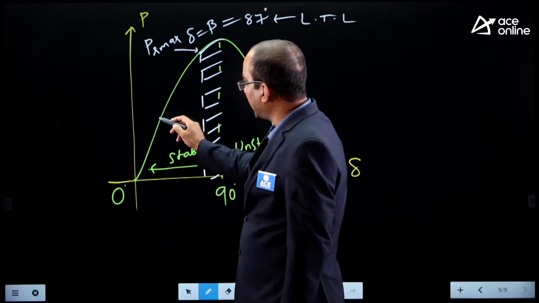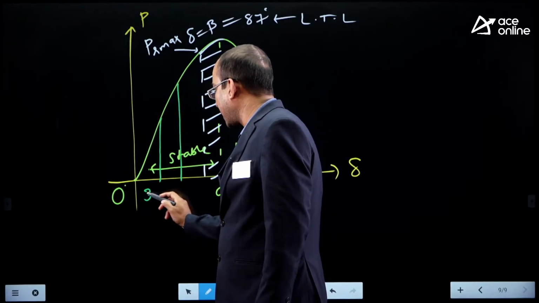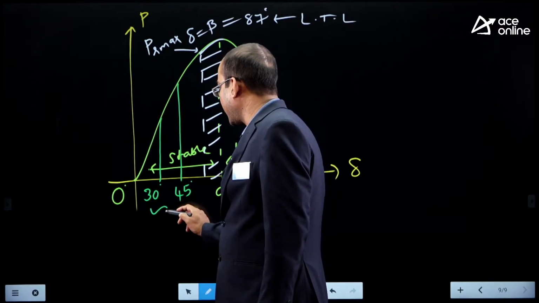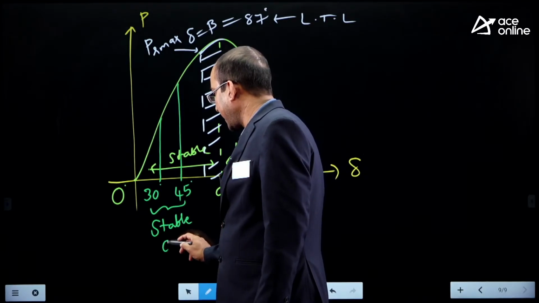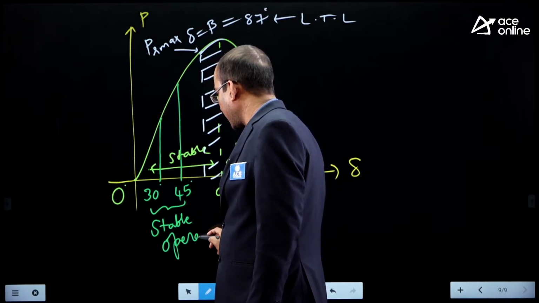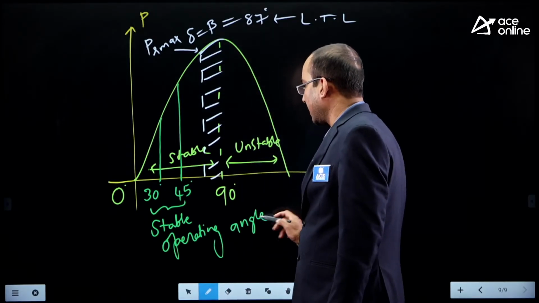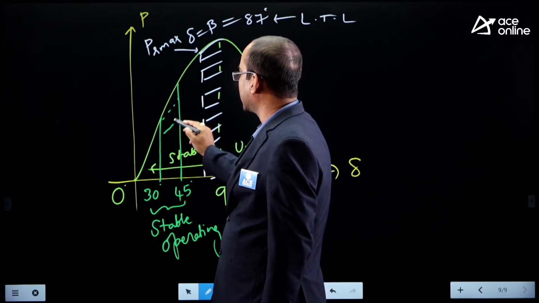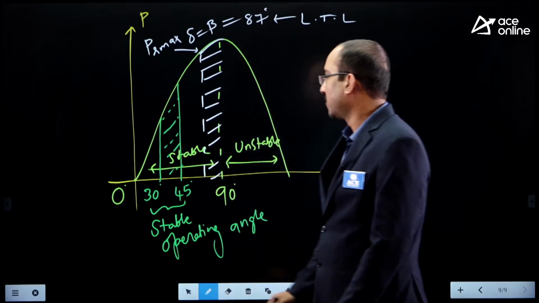We will be operating in a stable mode. That is, the operating angle will be around 30 degrees to 45 degrees. So for stable operation, the operating angle lies between 30 degrees and 45 degrees.